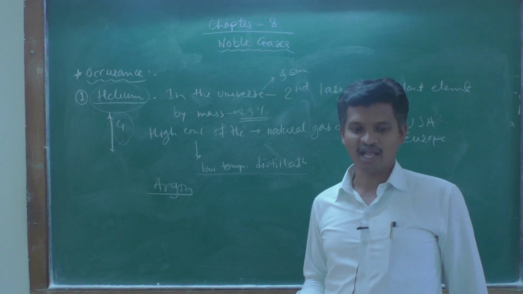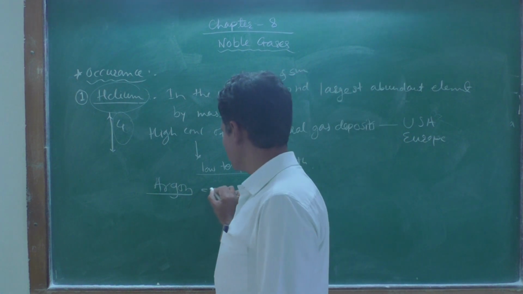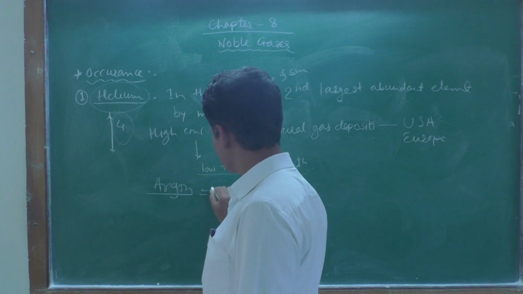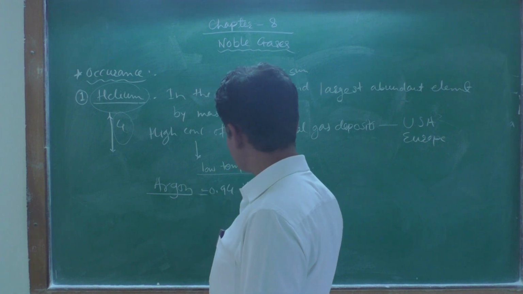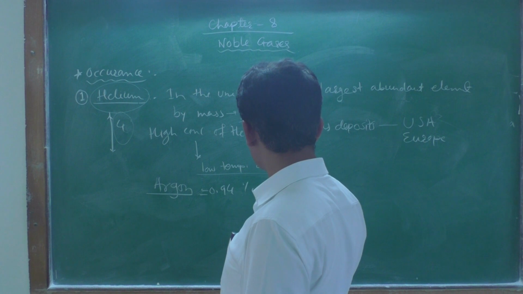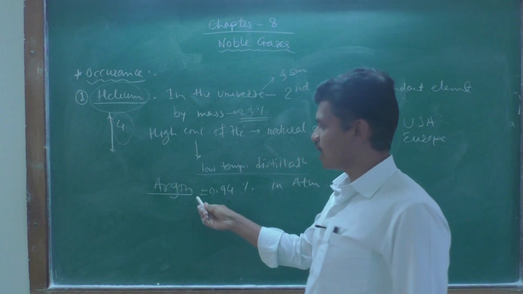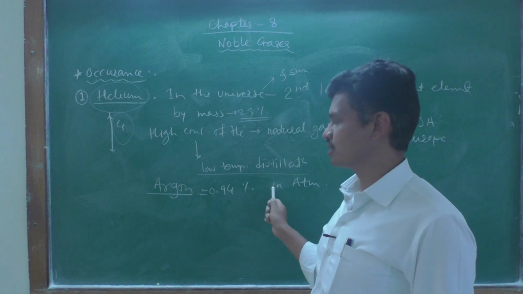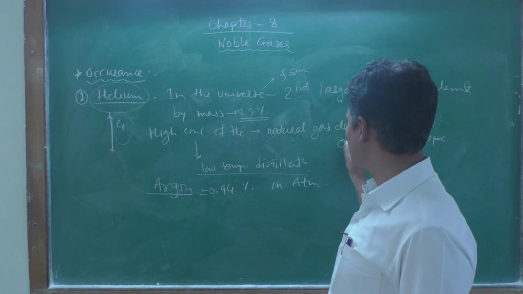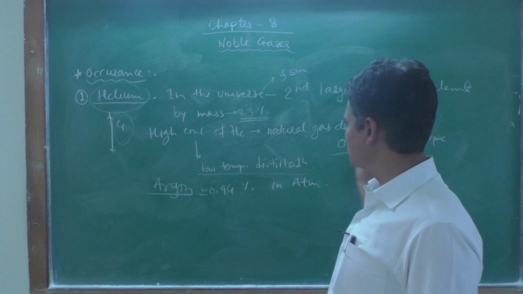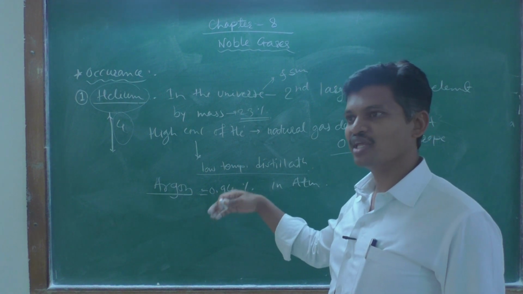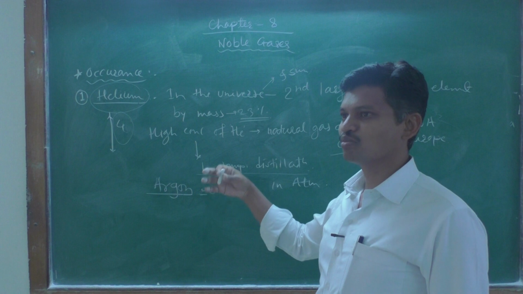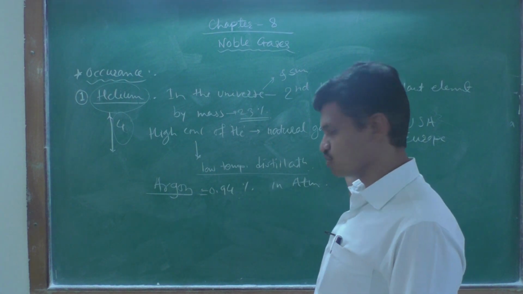Argon is found to be 0.94% in the atmosphere, and CO2 is 0.03%.